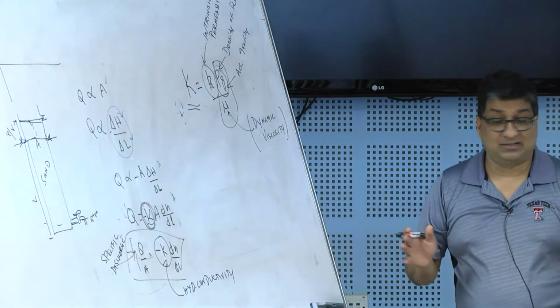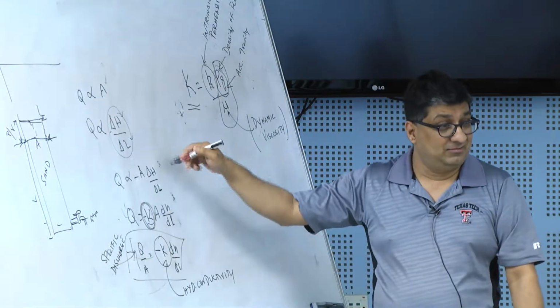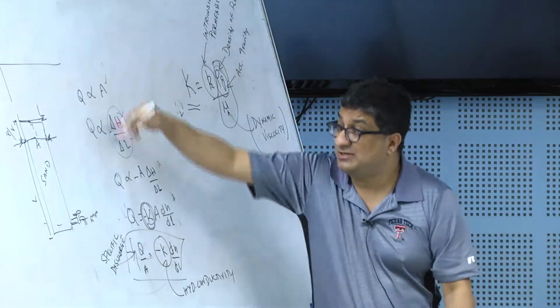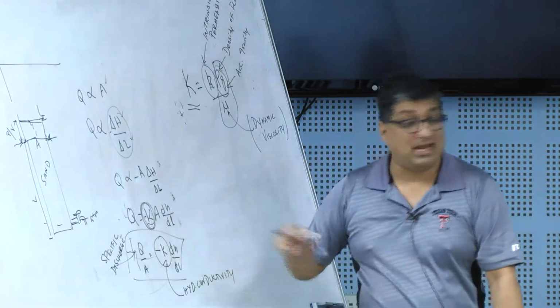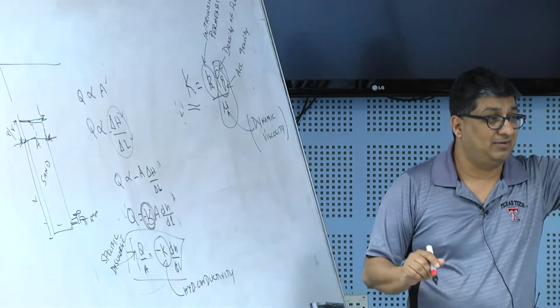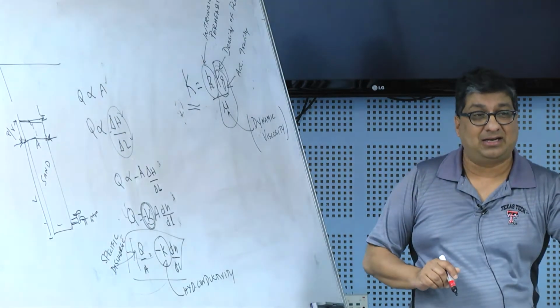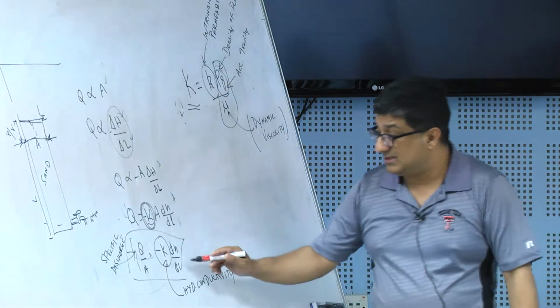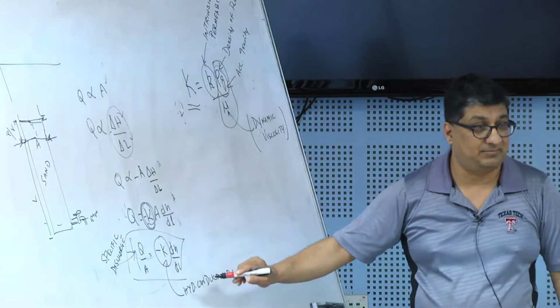Darcy did this experiment. He knew the flow rate, he knew the A, he knew the gradient because he was measuring all of that in his experiment, and he was able to back out this K and said this is my hydraulic conductivity. But what's important to recognize is that hydraulic conductivity, as we just said, is a measure of how easily water moves through our system.